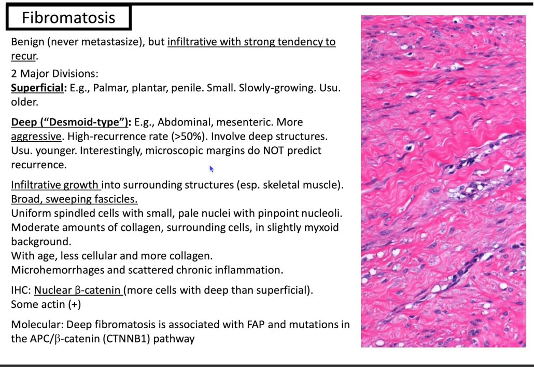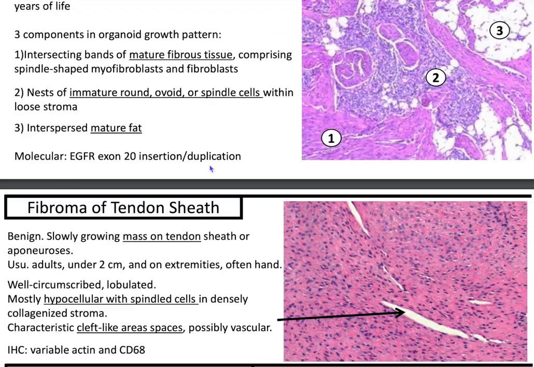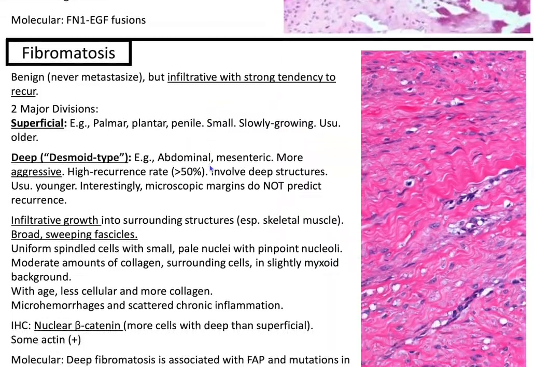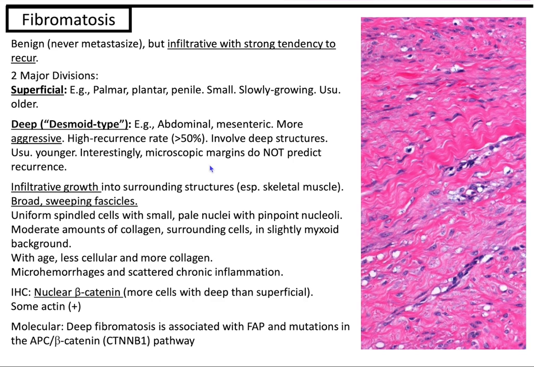Fibromatosis, we alluded to this when we talked about Gardner-associated fibroma. This is benign, never metastasizes. However, this is infiltrative with a strong tendency to recur locally. There are two major divisions. Superficial, you'll have your palmar, plantar, penile, small, slowly growing.